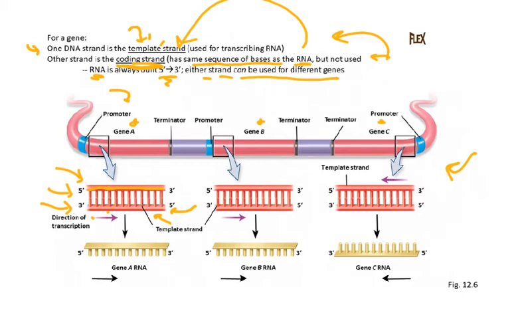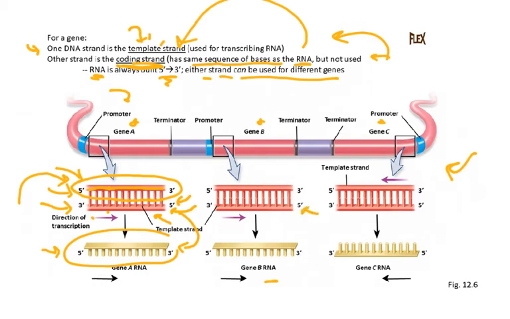And so when we transcribe from this bottom template strand, we end up making RNA that looks just like the complementary sequence of DNA. And over here for gene B, it looks like it's the same. The bottom strand shown here is considered the template strand. So the RNA that we transcribe from it ends up looking just like the other rail of DNA.